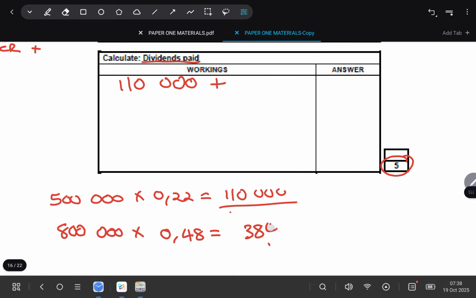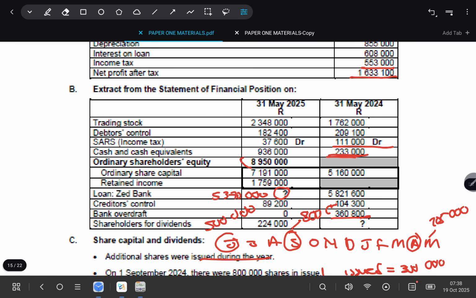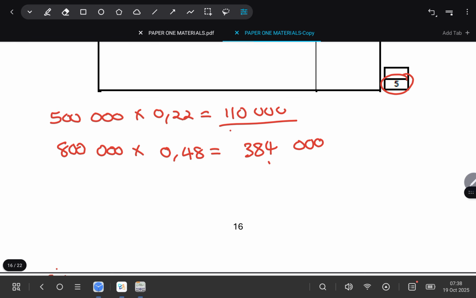So a total of dividends paid and declared is 384. But what you are only given here is shareholders for dividends of 224. So if you take this and subtract that 224 of the declared, it will give you your paid.